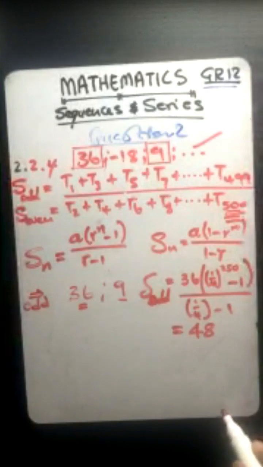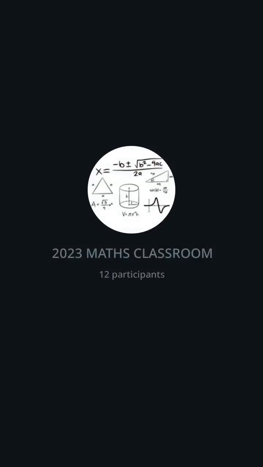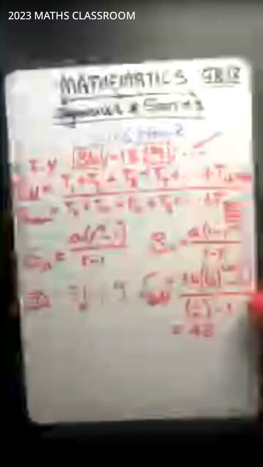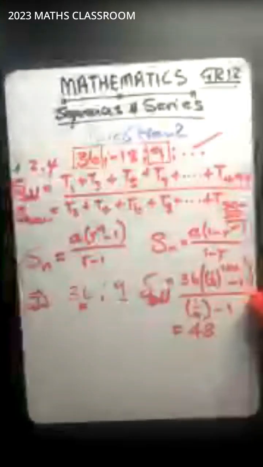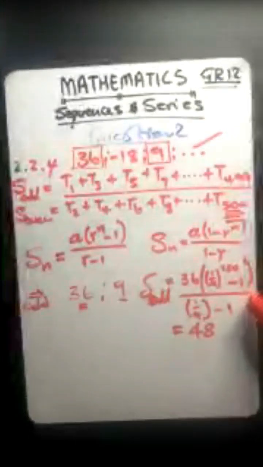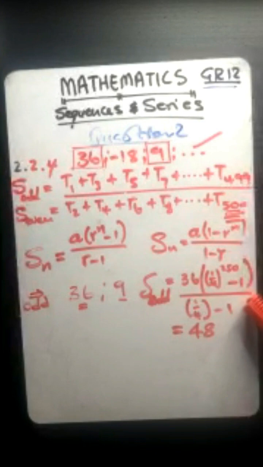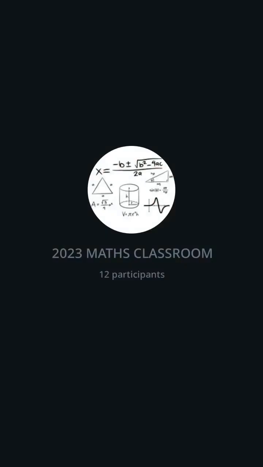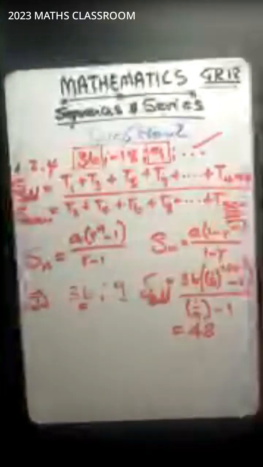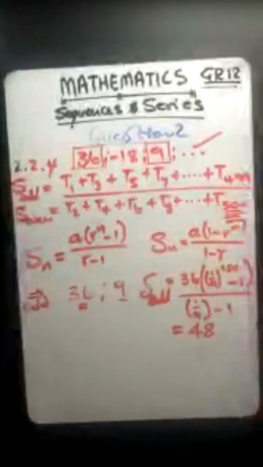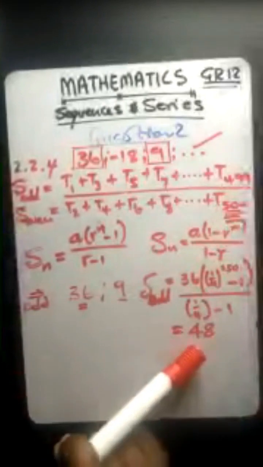At this stage, you should be able to punch that on a calculator. If you are not able to, then it's a very serious problem, because in this chapter you will need to punch that on a calculator. So, are you guys getting 48?